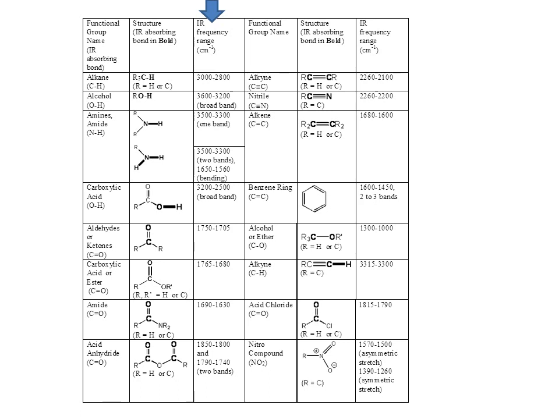So at the very top row we have alkanes, where you have the CH absorbing bond. There's its structure, and the frequency range is between 3000 and 2800 wave numbers. Very common in all infrared spectra will be this CH stretch, so you usually aren't going to pay much attention to it because this is organic chemistry and you're going to see CHs all the time.